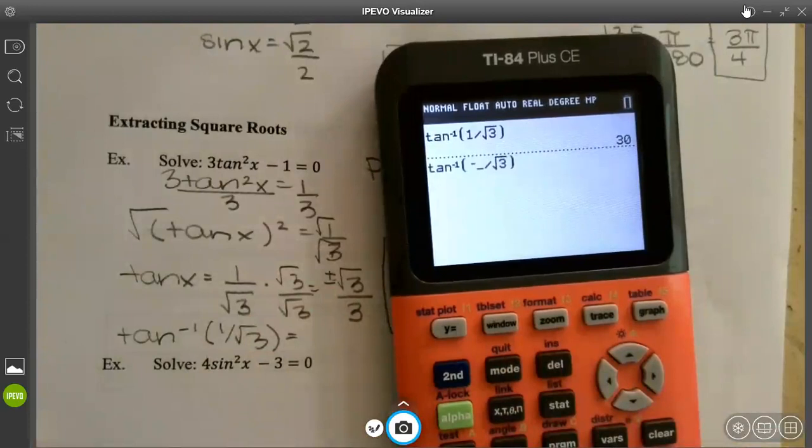Let's try it. What happened there? From the 180 back 30. Yep, but you got to remember to go from where? 180 and not 360. So be careful about that. Correct.